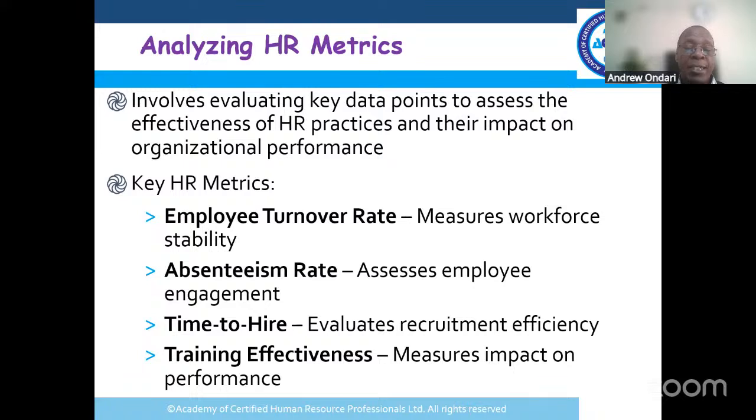So when you are assessing reactions, there are several specific things that we can be looking for. 1, the relevance of the training content, meaning the content should be relevant to the trainee in order for them to improve their performance.